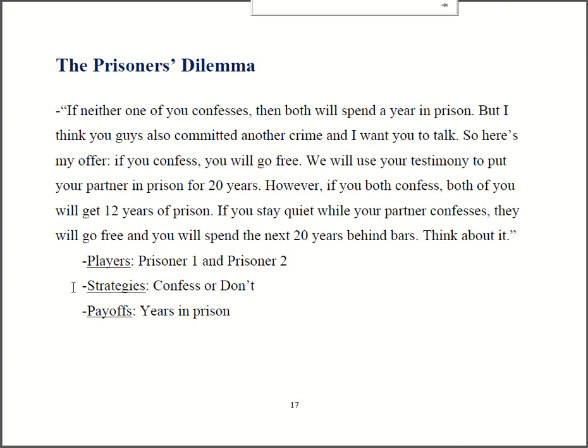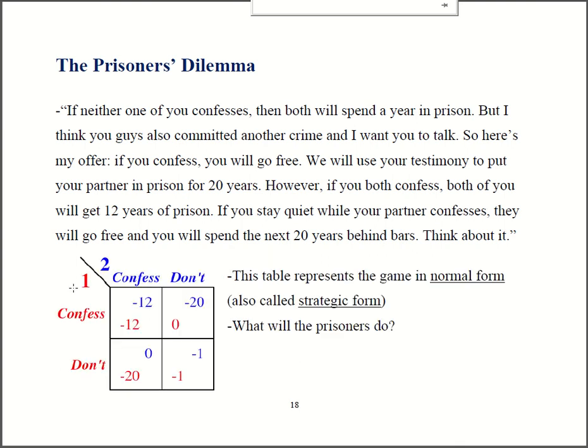So here's how I can model that situation using game theory. One common tool in game theory is to set up a table where each row or column corresponds to a strategy, one of the player's possible actions. And then in the cells of the table, you show what the payoffs are, that is, the outcomes for each player.